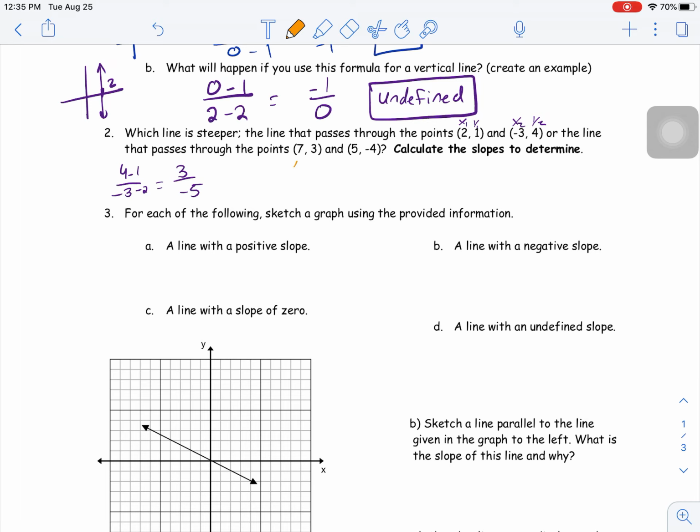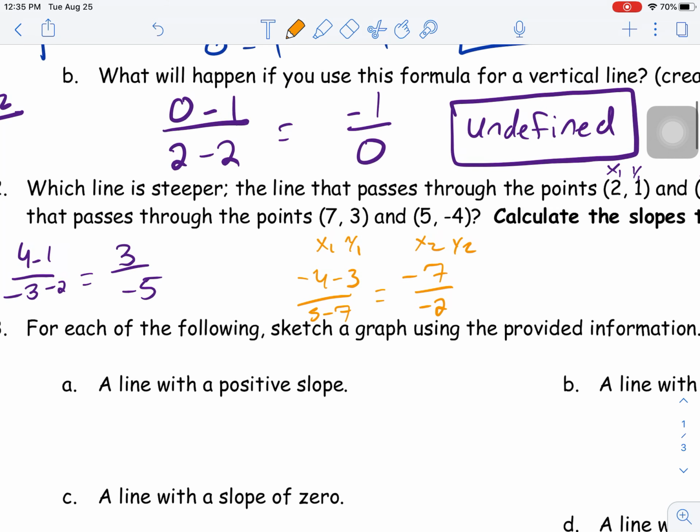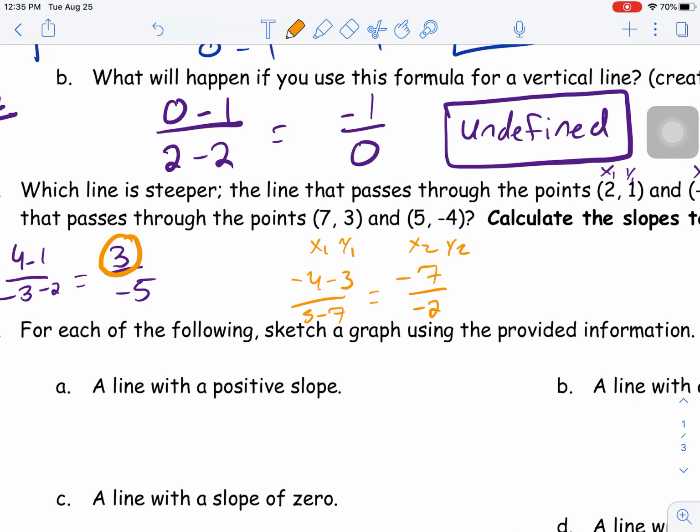And then the other slope, we have x1, y1, x2, y2. And we're going to have negative 4 minus 3 over 5 minus 7. Okay, so that's going to give us negative 7 over negative 2. Okay, well, if we look at these two and we compare them, the one on the left only goes up 3, while the one on the right is moving 7. So that one's rising a lot steeper.